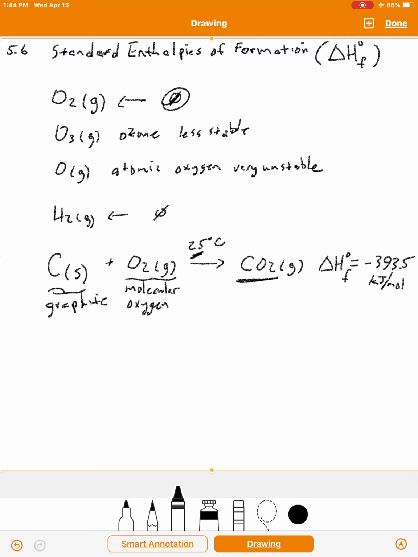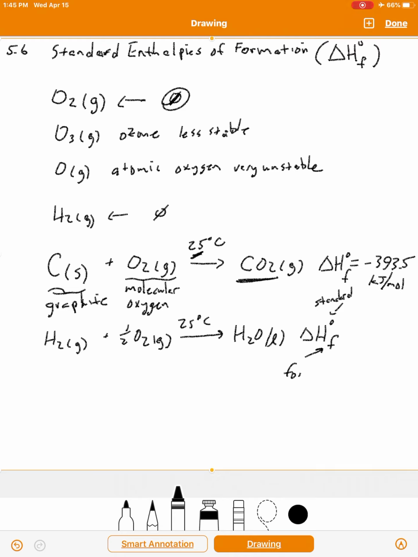And if we do the same thing, for example, if we take a mole of hydrogen and half a mole of oxygen, and again at 25 degrees C, we measure what delta H is to make liquid water. We're going to call that the standard enthalpy of formation. Standard is that degree sign, so that's standard.